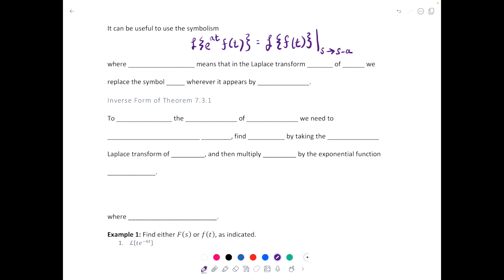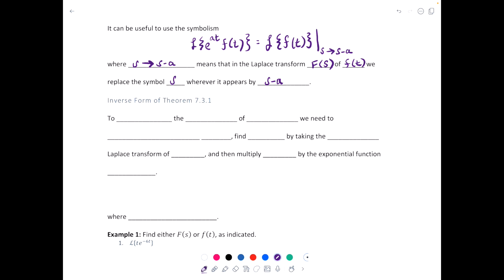So you basically just plug in s minus a wherever you would have seen an s. So s approaching s minus a means that in the Laplace transform capital F at s of f at t, we replace the symbol s wherever it appears by s minus a.